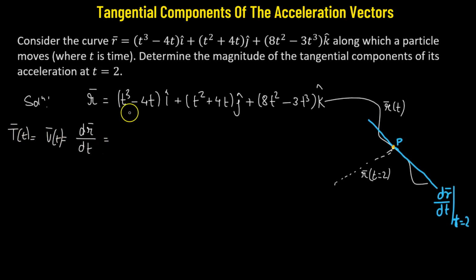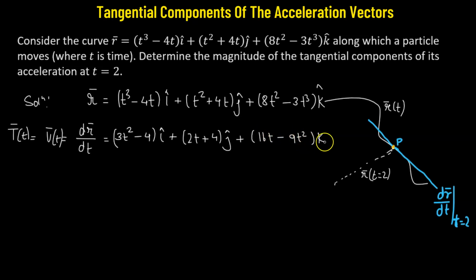So we simply take the derivative of each of the components of i, j and k with respect to time t. We get (3t squared minus 4) i cap plus (2t plus 4) j cap plus (16t minus 9t squared) k cap. Right, so this is our tangential vector or the velocity vector.